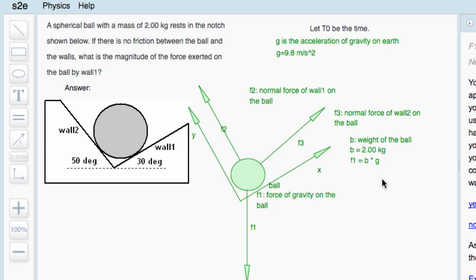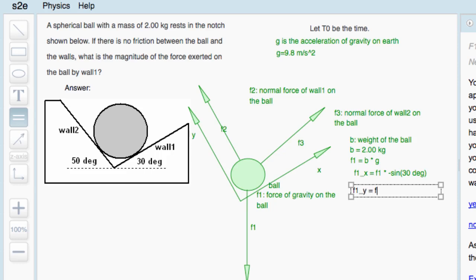And now I can start breaking down into x and y components. So why don't we start with F1, since I just barely defined it anyway. F1 in the x direction equals F1 times negative sine 30 degrees. And I'm going to do the y direction.